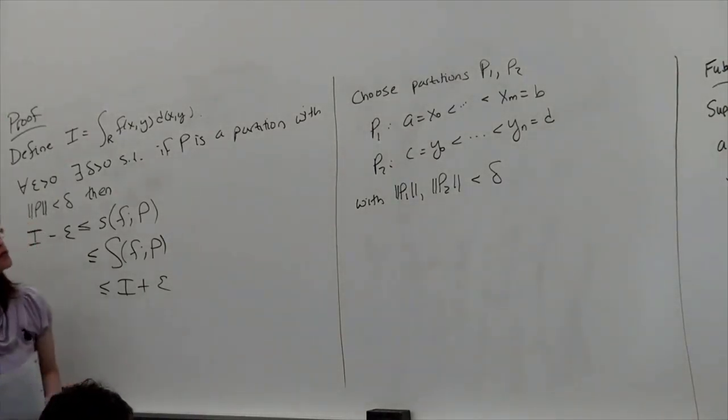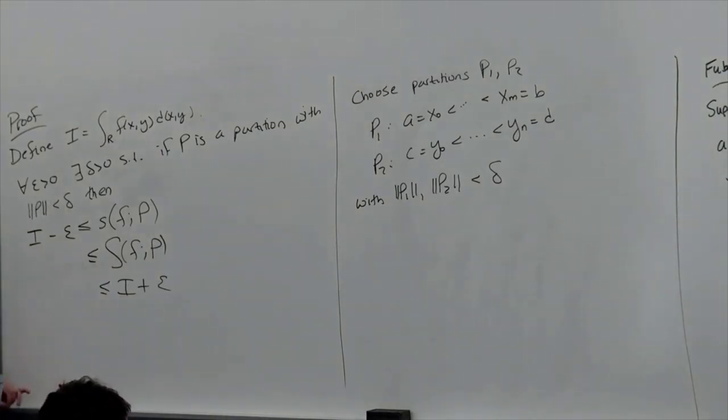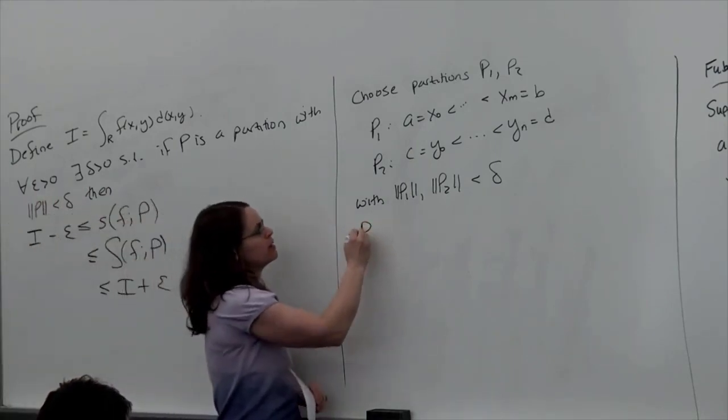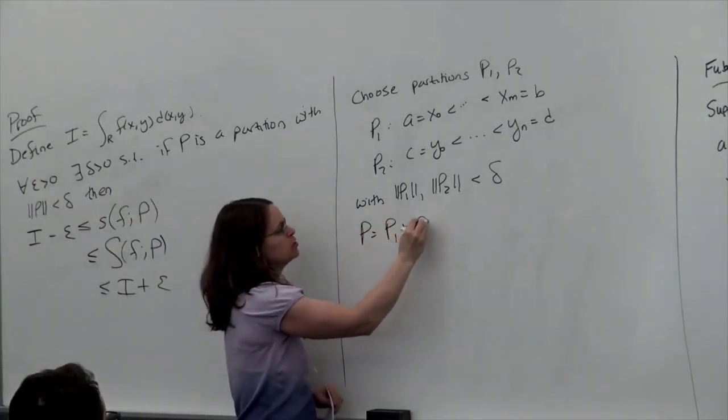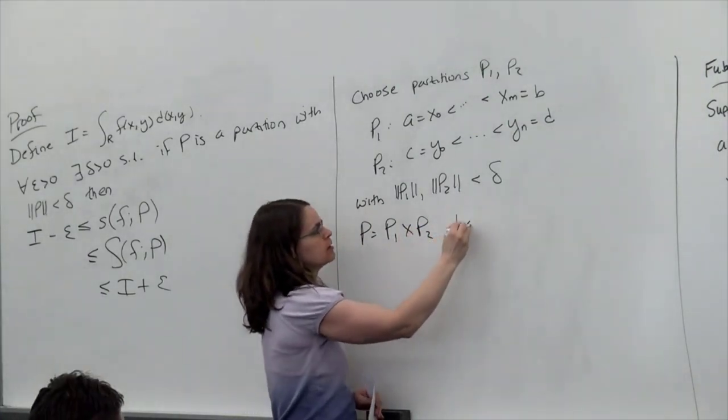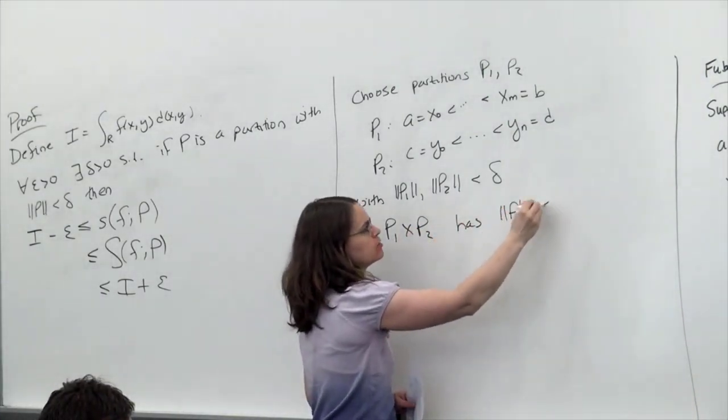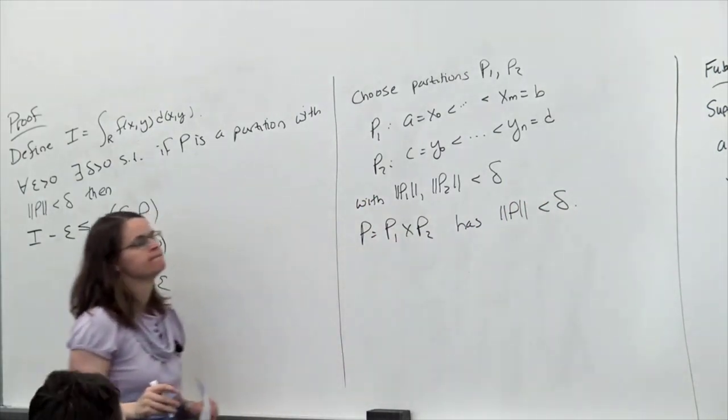And from these 1D partitions, of course, we build up a capital P that we can use in our overall two-dimensional integral. So P equals P1 cross P2. Also has norm less than delta.